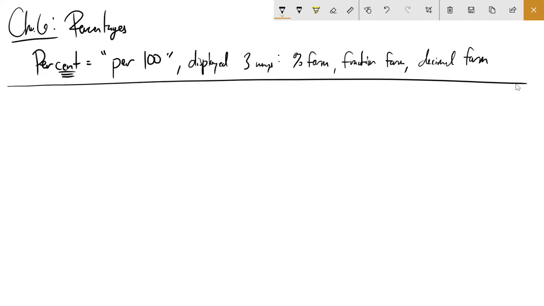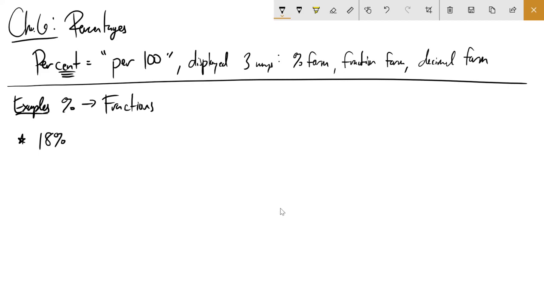So first, I want to look at some examples of taking percentages and turning them into fractions. When you see a percentage, let's say, for example, I gave you the percentage 18%. I think most of us have some idea of what 18% means, right? Like as a portion of a whole.